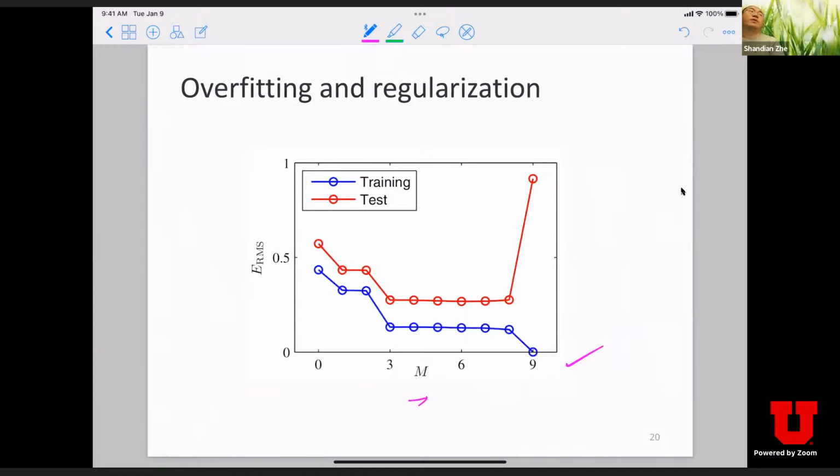From the example we just discussed, you see that when we keep increasing m, our training error keeps going down. When you take m equals 9, your training error goes down to 0. Meanwhile, you have a giant lift of the test error. So it shows overfitting.